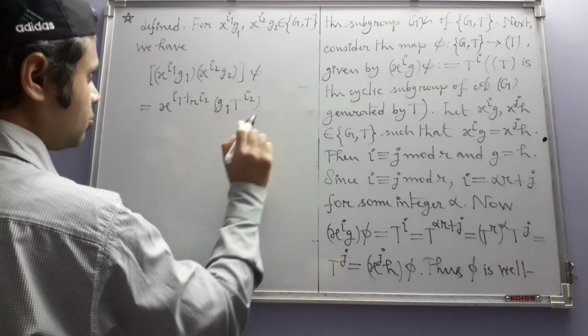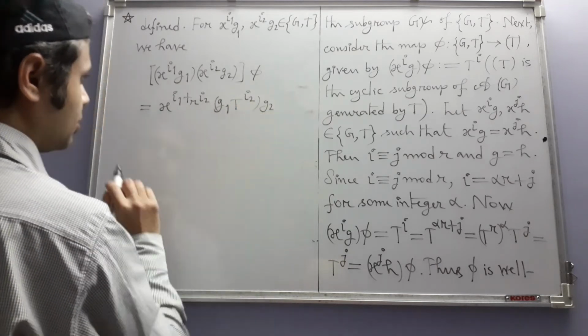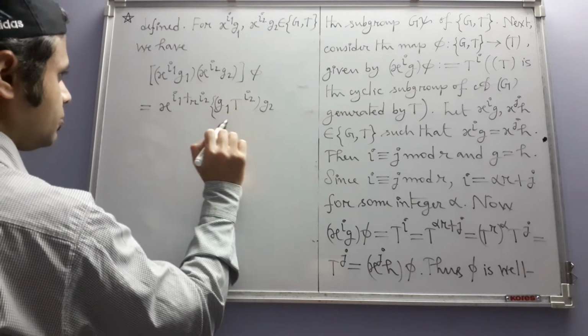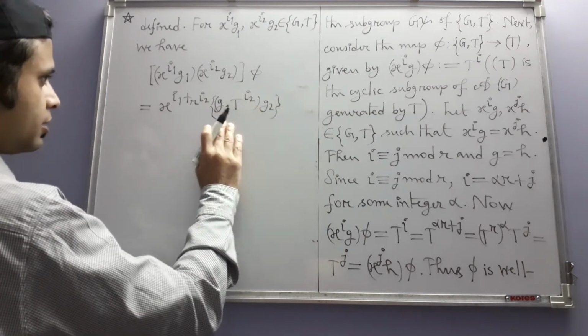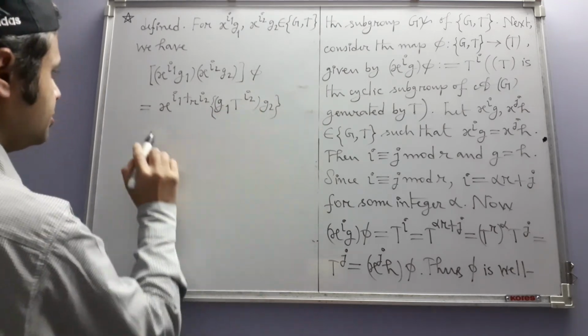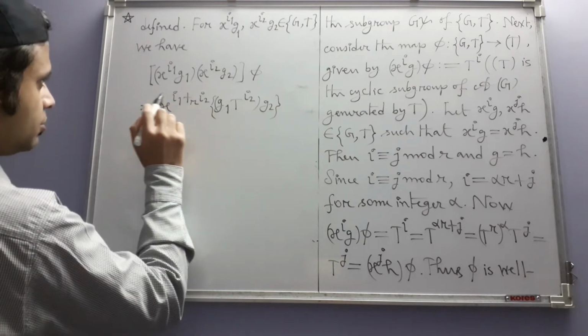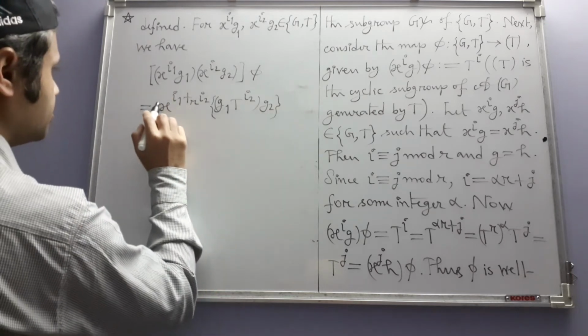The good thing about this calculation is that we don't have to care about what is going on in the group G. We only care about what T is doing.